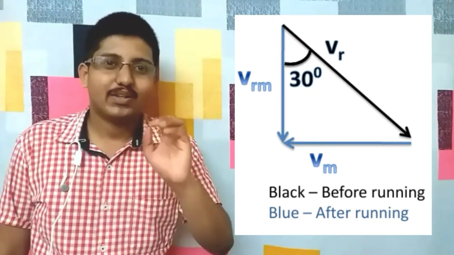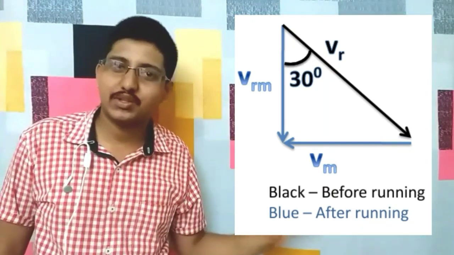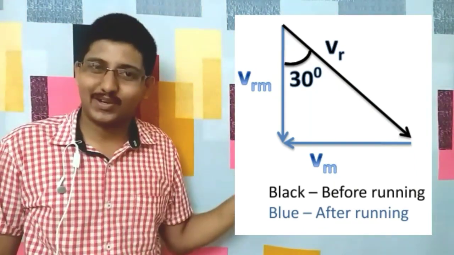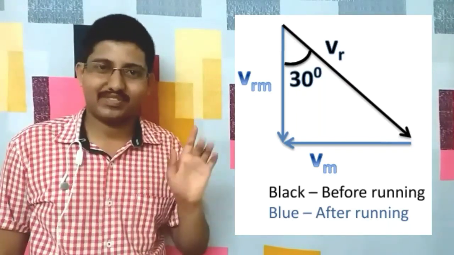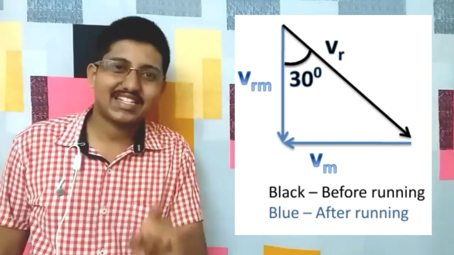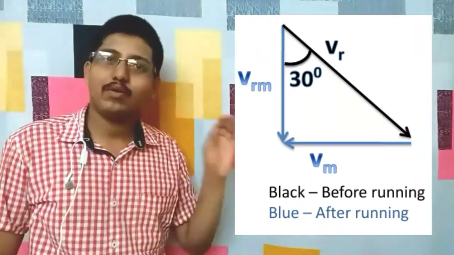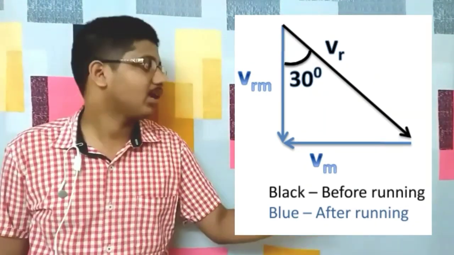So the easiest method to find the velocity of rain with respect to the moving man is tan 30 equal to Vm divided by Vrm, that is opposite side by adjacent side. Tan 30 is equal to 1 by root 3, and we have Vm equal to 10 km per hour. So we have Vrm equal to 10 root 3 km per hour.